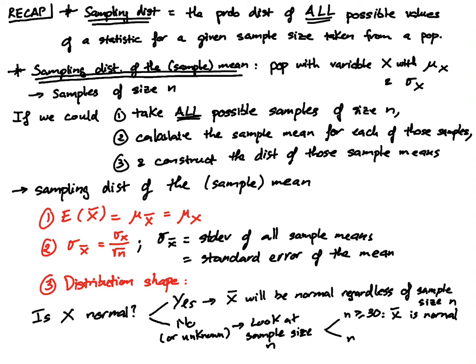If the sample size is less than 30, then we don't know how X bar is distributed.